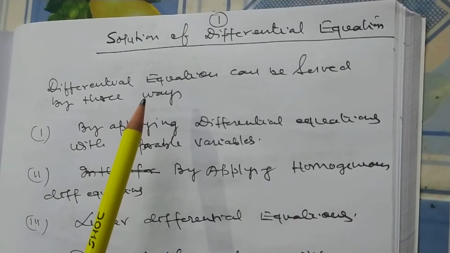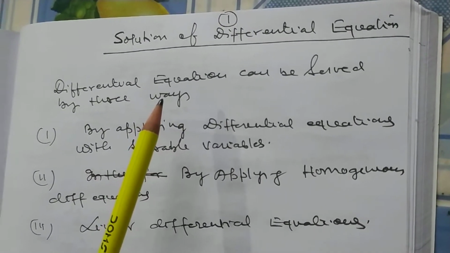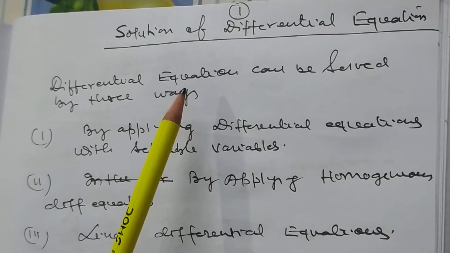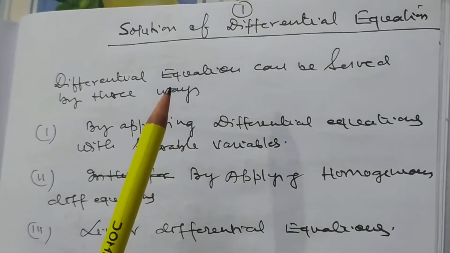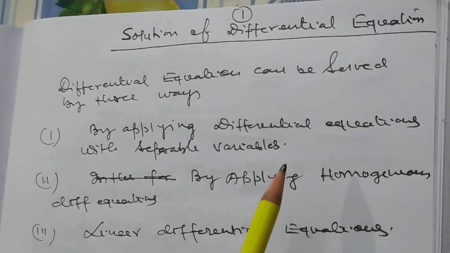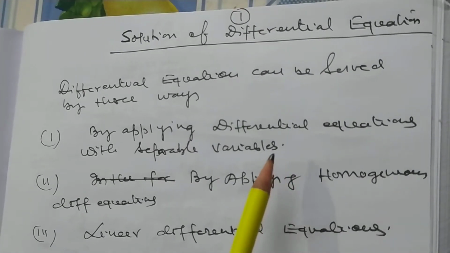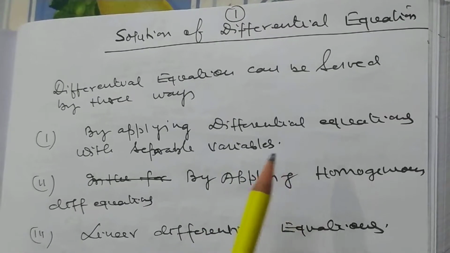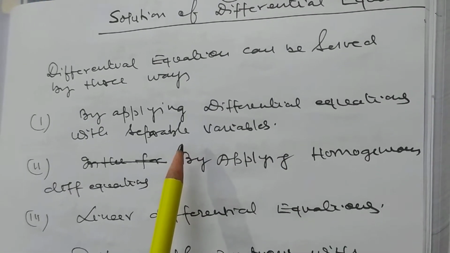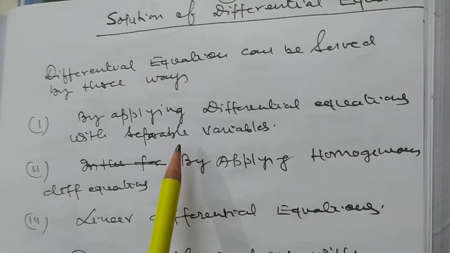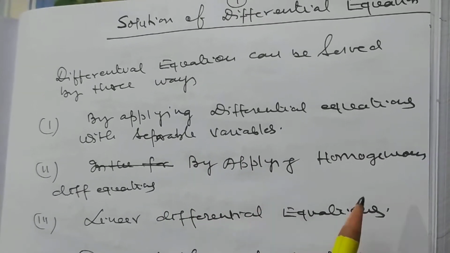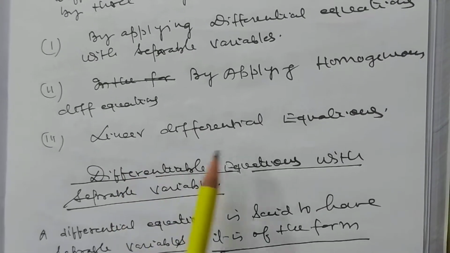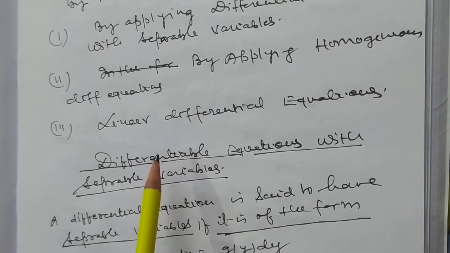My dear students, today I want to discuss how you solve a differential equation. There are three ways to solve the problem of differential equations. First is by applying variable separable, second is by applying homogeneous differential equation, and third is linear differential equation.